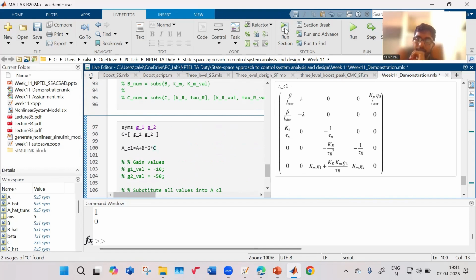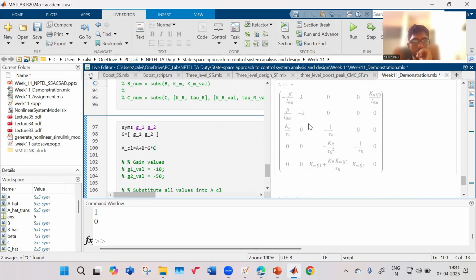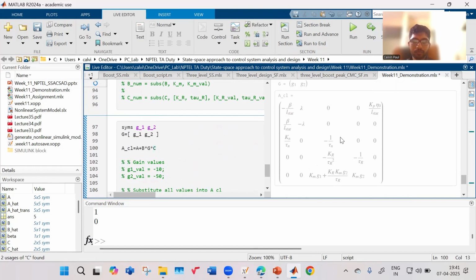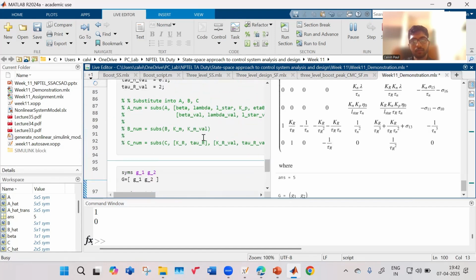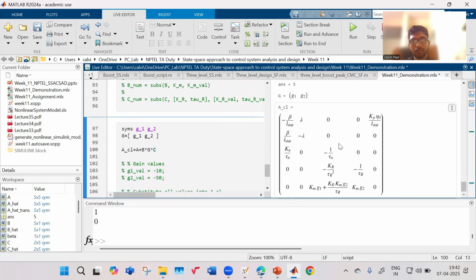And this is the closed loop matrix which we get. So this is the closed loop matrix, and if you observe, we can check with what Sir has got.